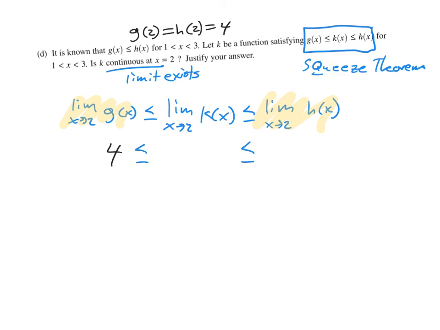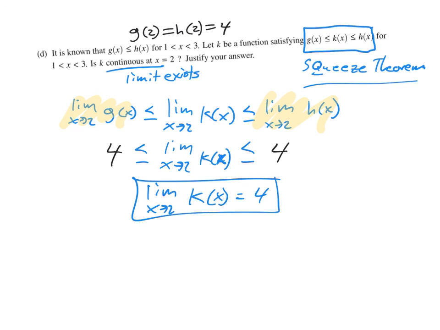And the limit as x approaches 2 of h of x is 4. And so therefore the limit as x approaches 2 of k of x must be between 4 and 4. Well, that's what the squeeze theorem is, the only way it could be between 4 and 4 is if it actually is 4.